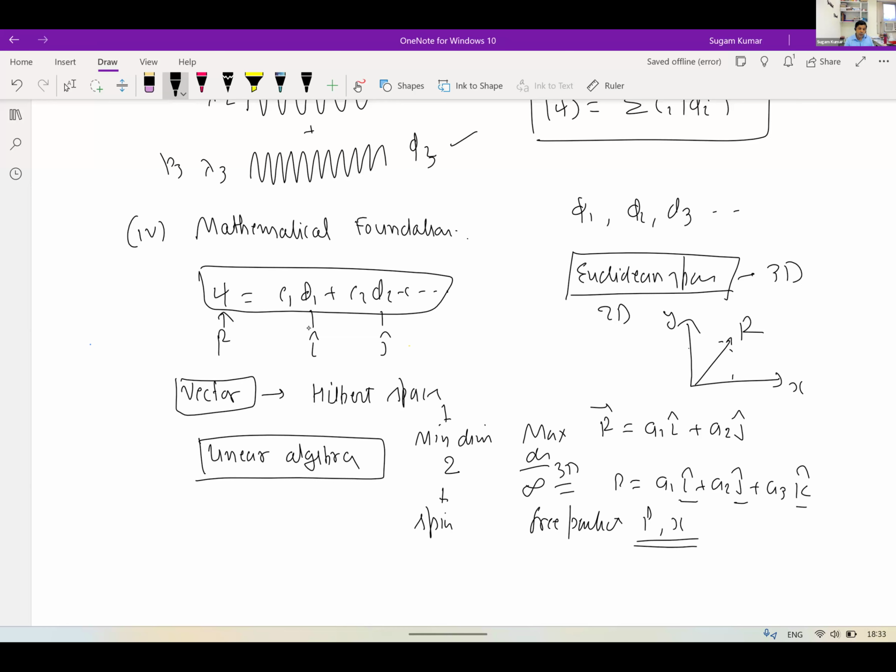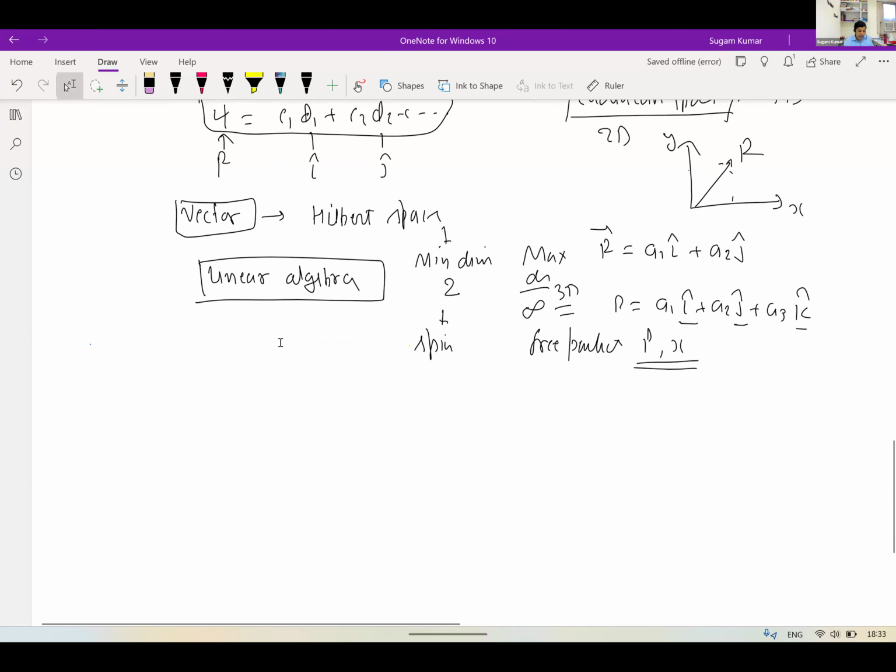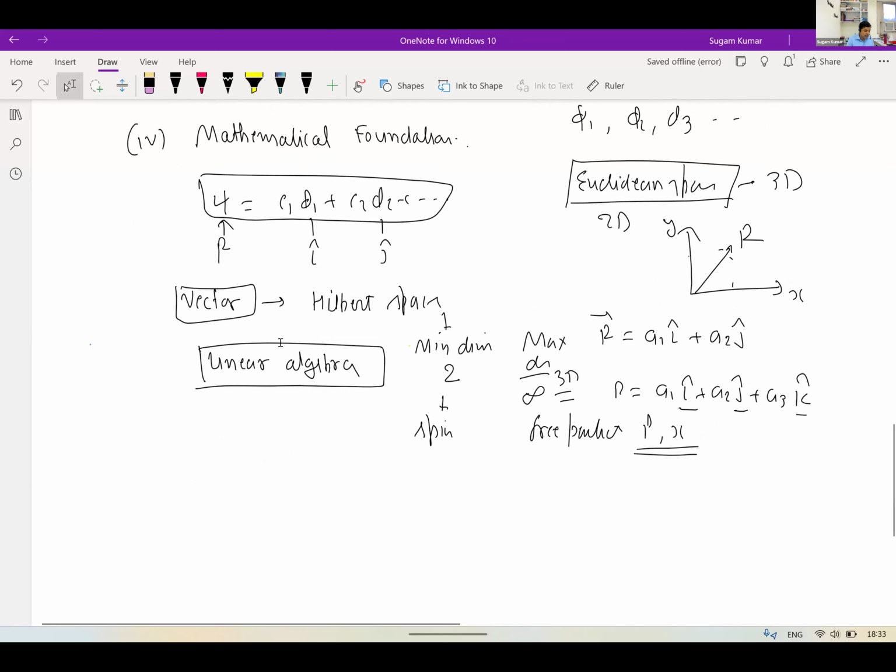So smoothly, we will go from the wave function to the vector, and we will see how these wave functions are treated like vectors. And of course, I will also discuss notations like Dirac notation, because this is something we are going to use frequently in the quantum computing section.